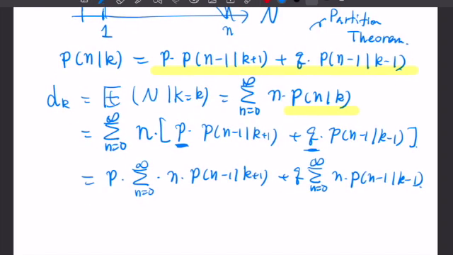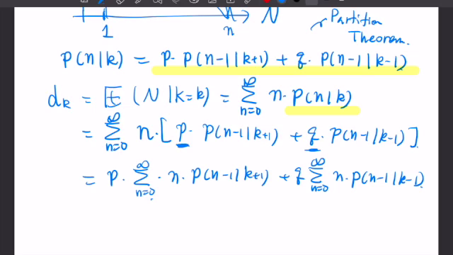Now if n is 0, then this n is 0, so this whole factor will disappear. So we can just start from 1.